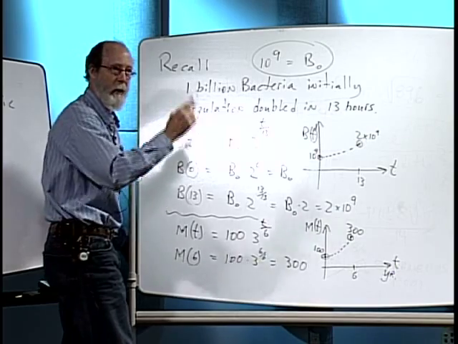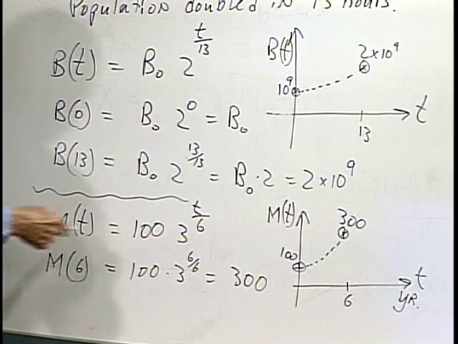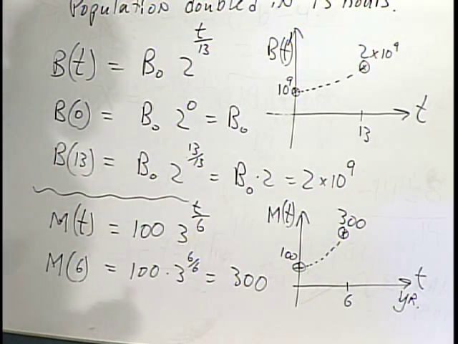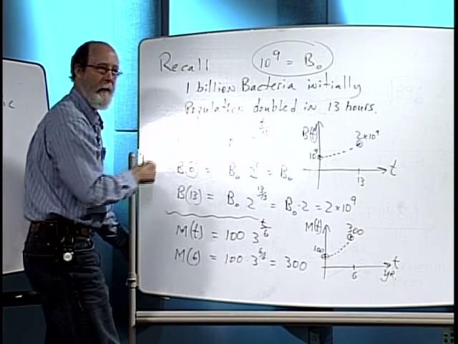Okay, here's a question for you. Let's say we have this money model right here with $100 invested, should be 6 years. Let me ask, when is it going to be worth, say, $200?